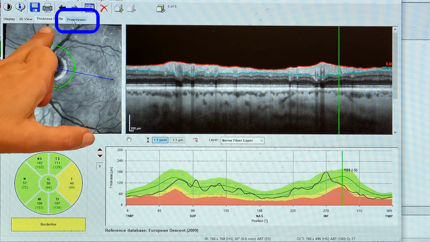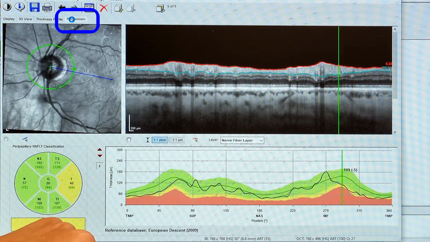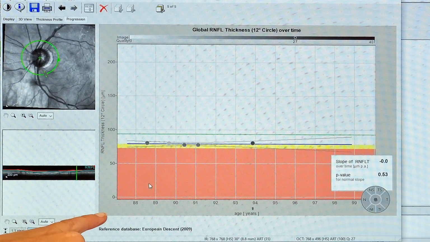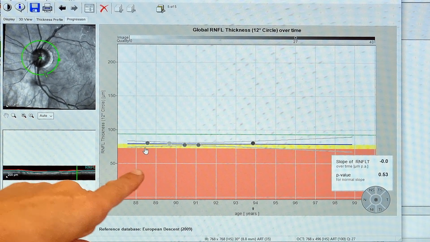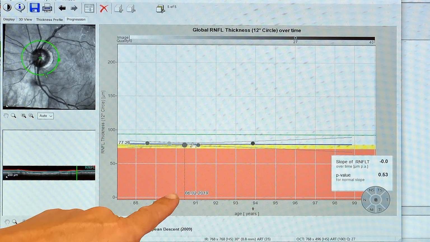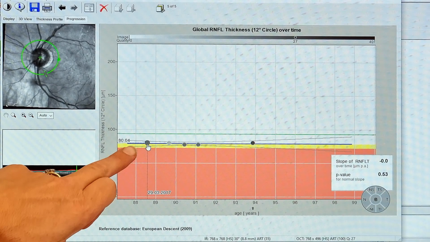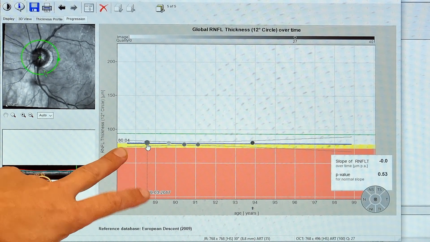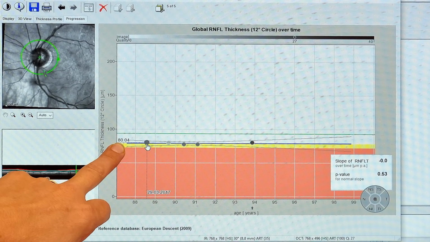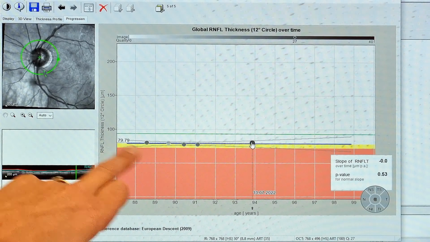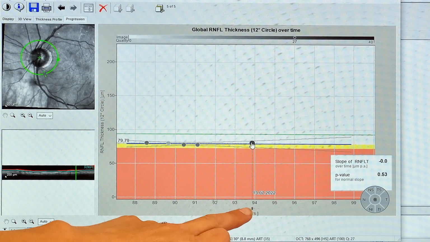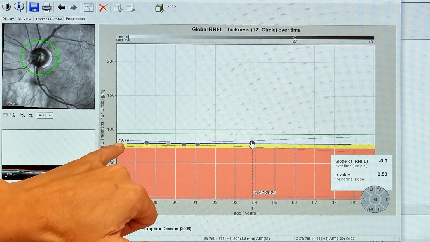And if you toggle up, so this is the thickness profile, if you then go into progression, what this analysis does is it takes the average thickness and it repeats it every time it's being done. And so if you toggle over the grey button here, you can see that the average thickness back in 2017 was 80 microns. And here we are kind of 5 years later, and the average thickness is still sitting at 80.